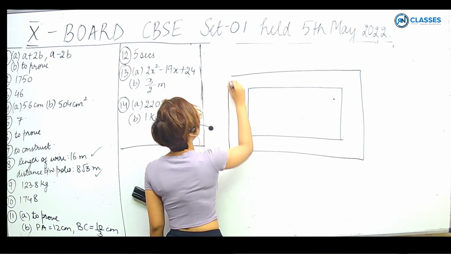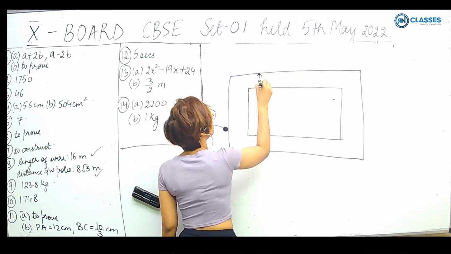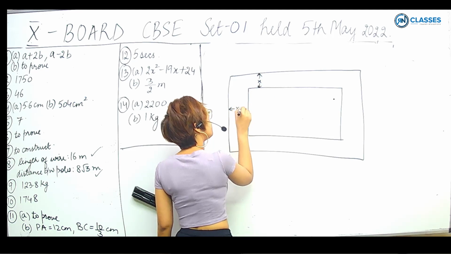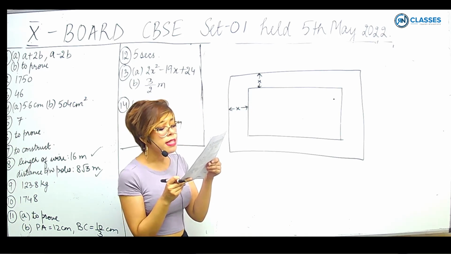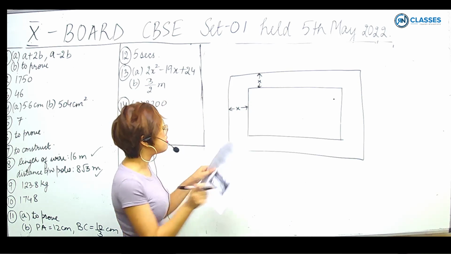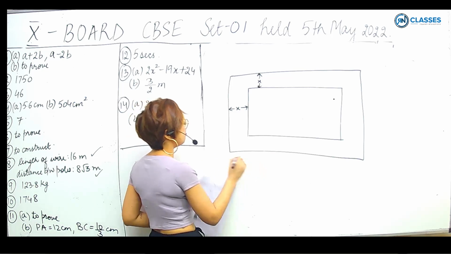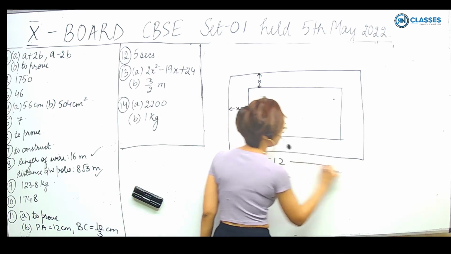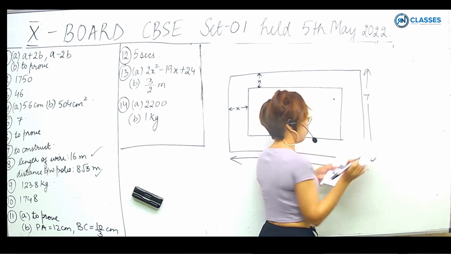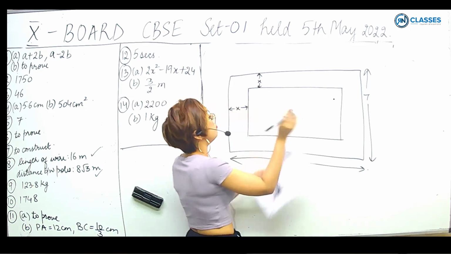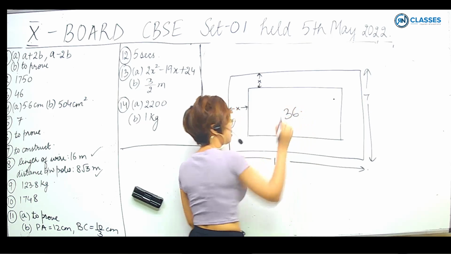Width is x. That means this is x, this is x, and this is x. Uniform width. The outside edges of the sidewalk are 7 and 12. So the bigger one, let me take it to be 12, and the smaller one to be 7 meter. Area of the pool, so pool is this one, that is 36.